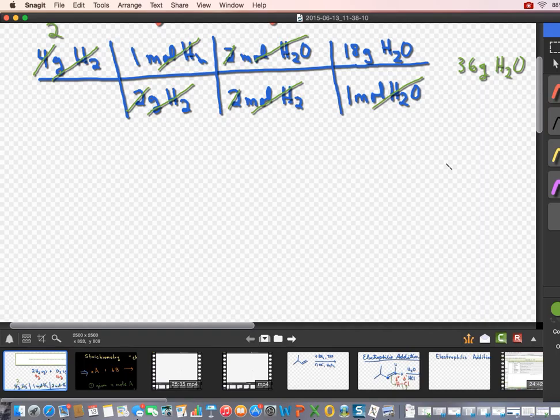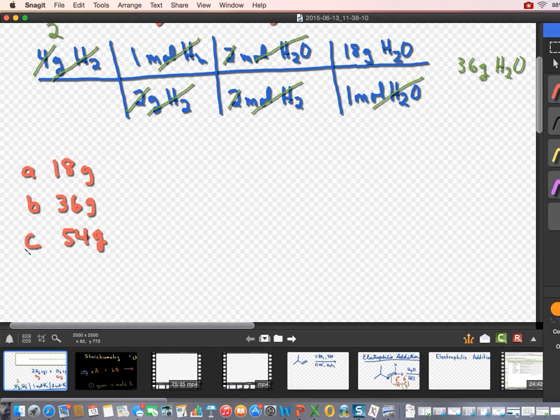So when I look at my answer choices, and let's do that right now. Choice A is 18 grams. That is possibly correct. B is 36 grams. That is possibly correct. C is 54 grams. That cannot be correct.